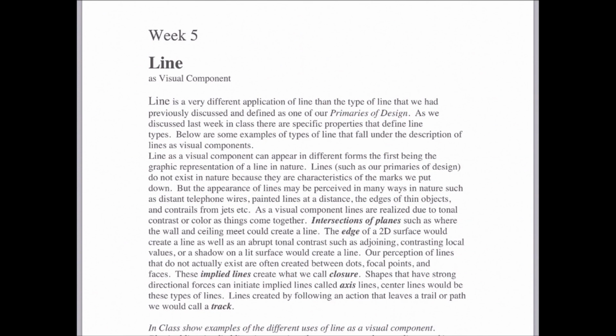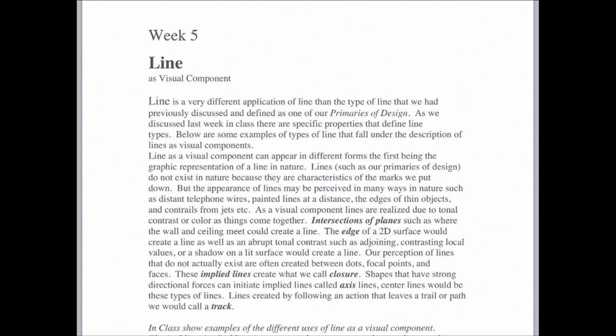And we create these different relationships, and they can all be created through the same measuring of major and minor key. So line is a very different application than the type of line we had previously discussed, as we determined that is our primaries.